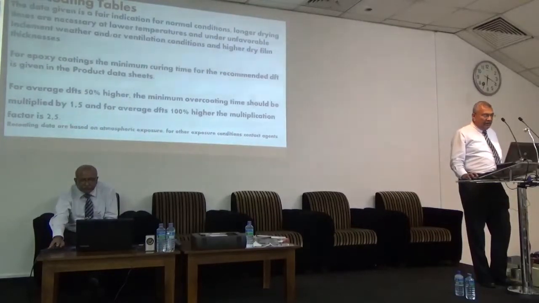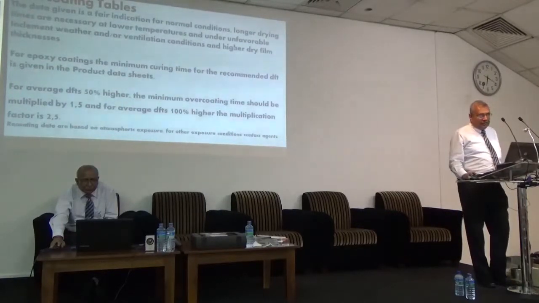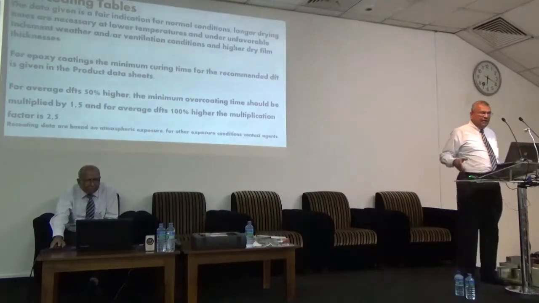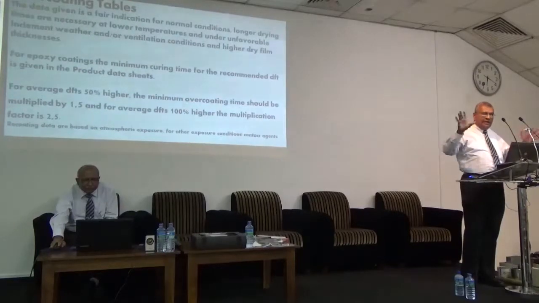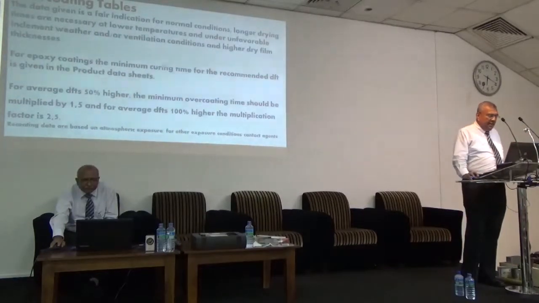Under unfavorable inclement weather or ventilation conditions, the time will be more. If you are inside the building and you are sweating a lot, the paint won't evaporate. So this 4 hours is for a ventilated area, and the epoxy coating's minimum curing time we talk about later. So if the average DFT is 50% higher, the minimum overcoating interval should be multiplied by 1.5.